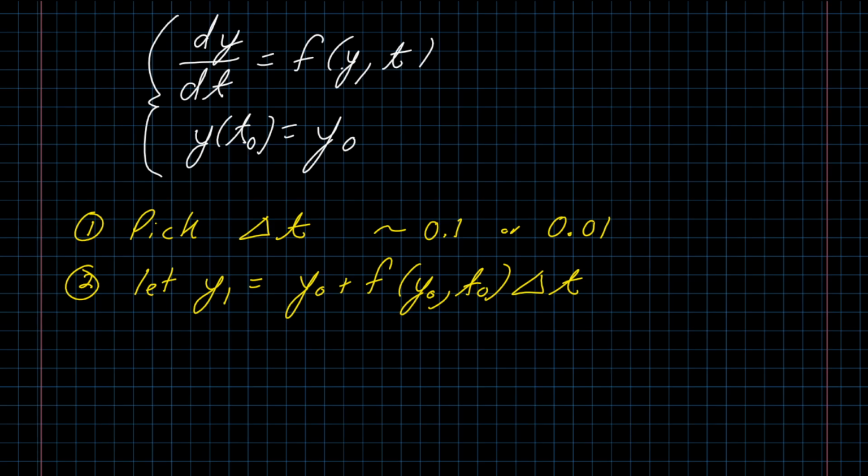And then, a lot more obviously, we'll find our next point t1 by taking t0 and adding delta t. It's the same thing either way. For t, it is a very clear way of taking the step. For y, it's a little bit less clear as we write it down, but it is still the same.